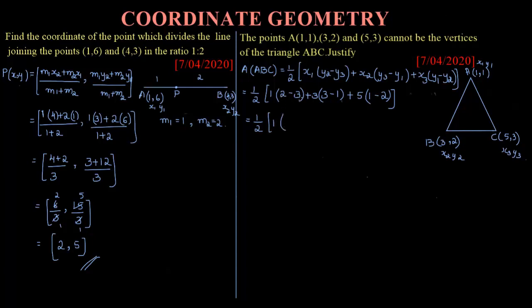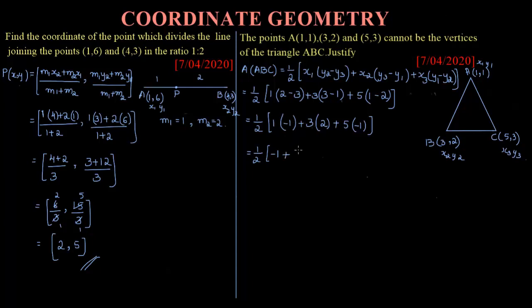1 into 2 minus 3 is nothing but minus 1, plus 3 into 3 minus 1 is nothing but 2, plus 5 into 1 minus 2 is minus 1, right? Then I'll just enclose this in the bracket. 1 by 2. 1 into minus 1 is nothing but minus 1. Plus into minus is minus, and 1. 1 ones are 1.